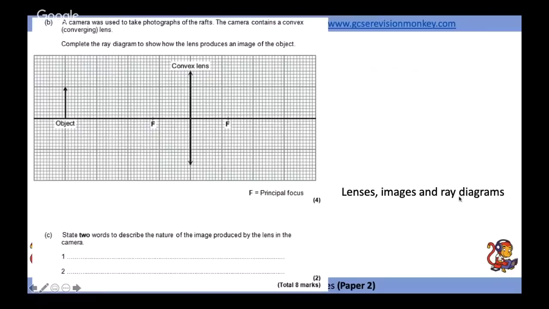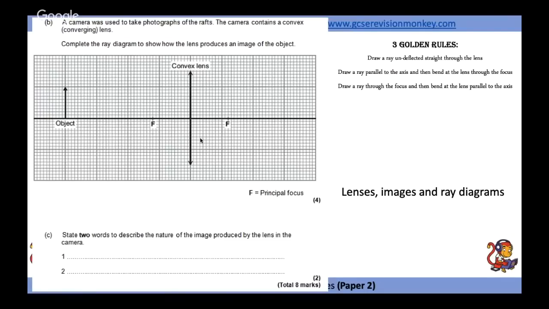Now when we draw our ray diagrams, there are some golden rules here which are going to make this much easier to draw. So the golden rules are: draw a ray undeflected straight through the lens. So here's our object. Here's a focal point on either side. Here's my convex lens. So convex is that shape.